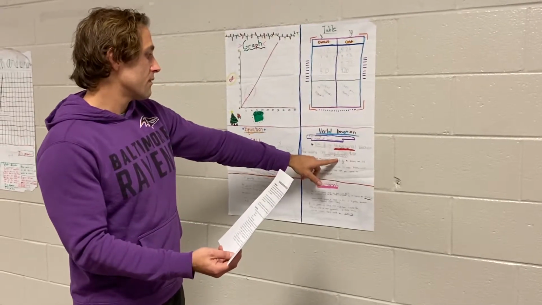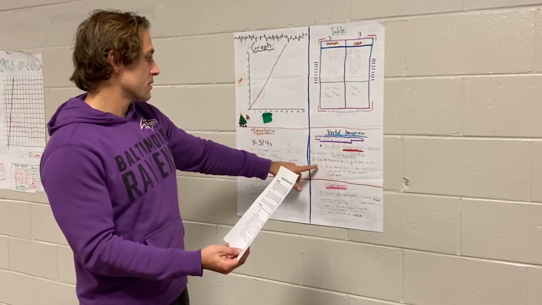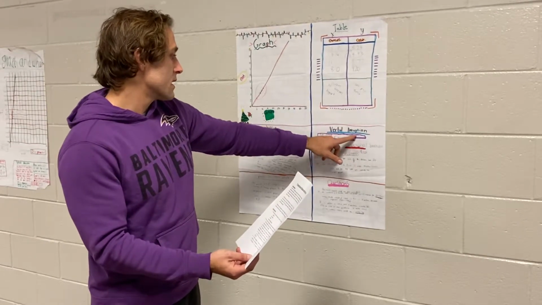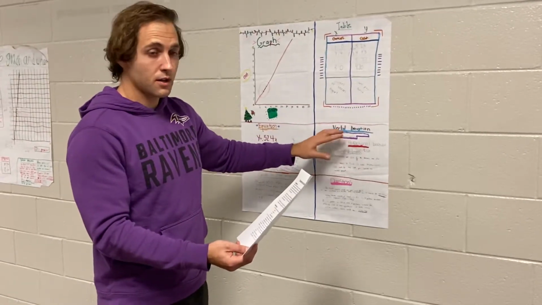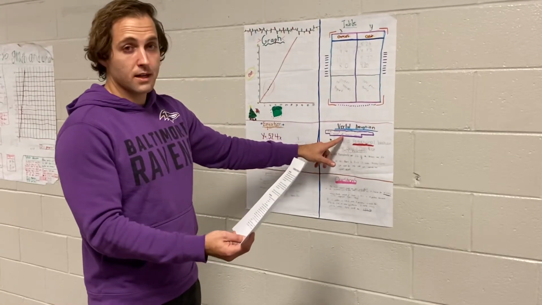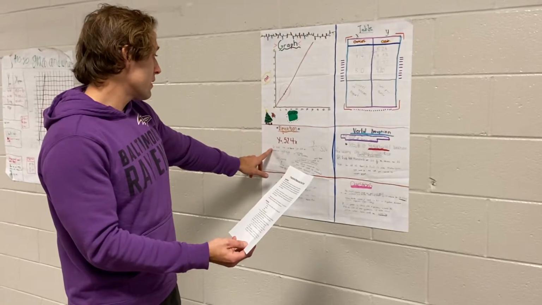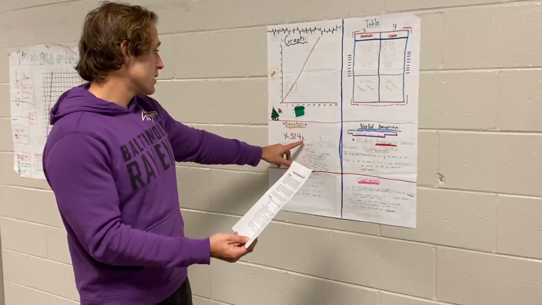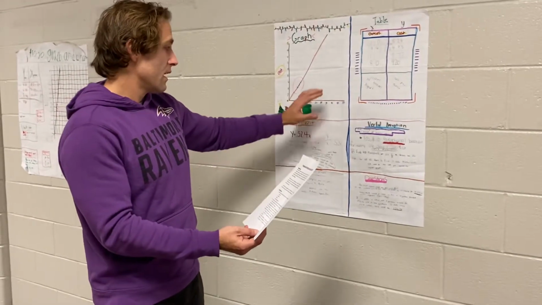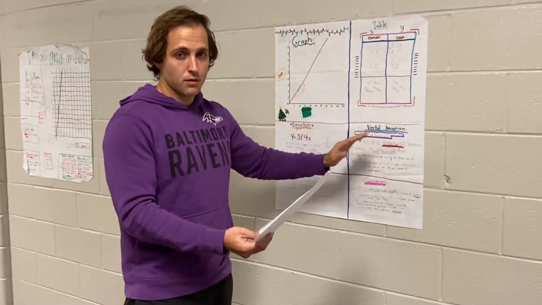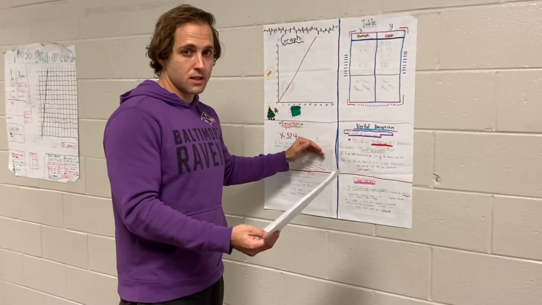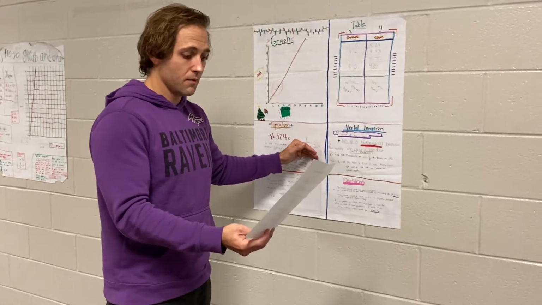They've also identified a constant with a verbal description. For every 52 cents, you can get 1 ounce of frozen yogurt. Excellent job. They've also identified the unit rate by saying that. Here they've talked about to find the constant, we did y divided by x. So they've identified the proportional relationship in each of their representations, which is what we will expect of you as well.